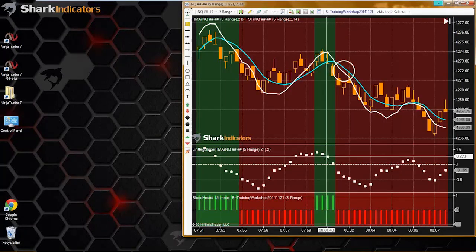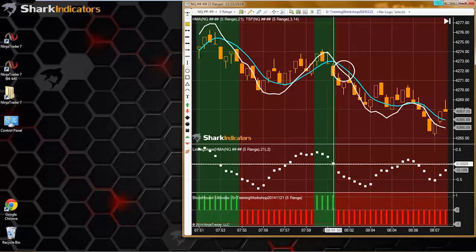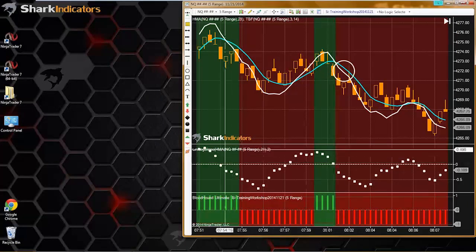While it's not perfect, I can see here that it gets us in the ballpark. In the absence of an indicator that calculates the true perfect slope, this linear regression slope indicator will suffice.